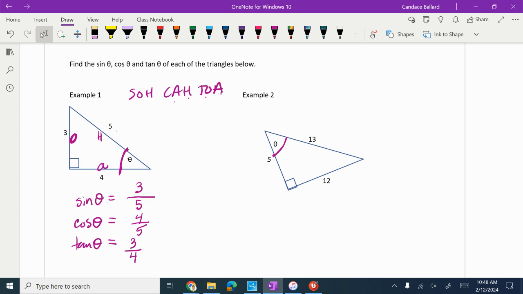Which number is on the hypotenuse? 13. Good. What number is on the opposite? 12. Good. And then the adjacent has to be 5. Now I want you to find the three ratios. So now find your sine, your cosine, and your tangent.